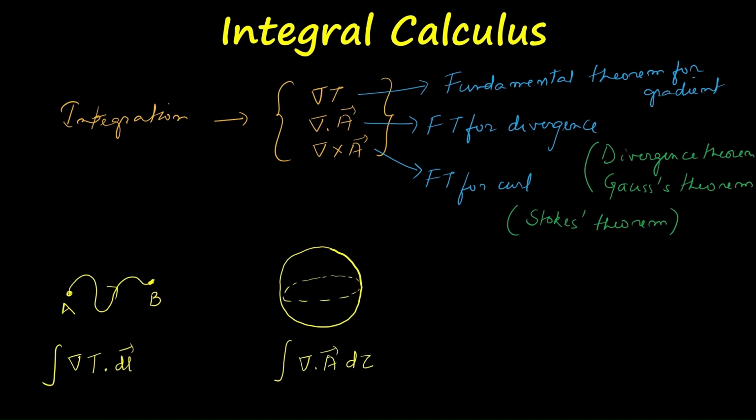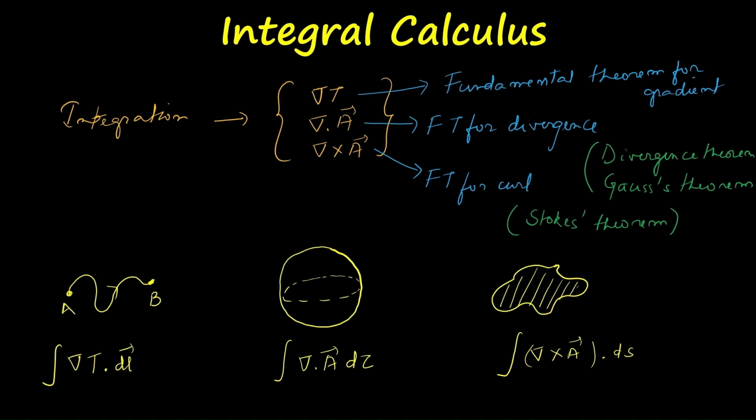And in the third case, let us take a two-dimensional figure here, and I want to perform the integration of the curl of the vector with respect to the surface. So this is the surface.